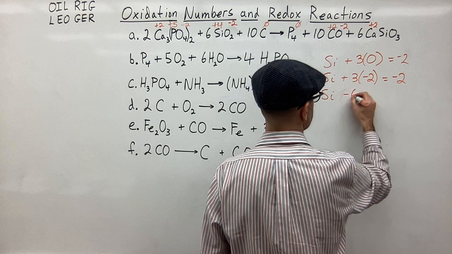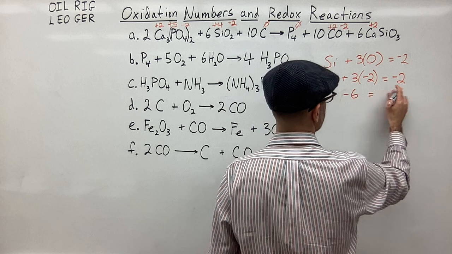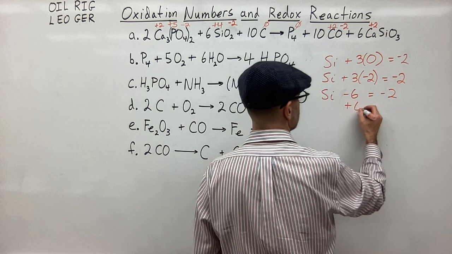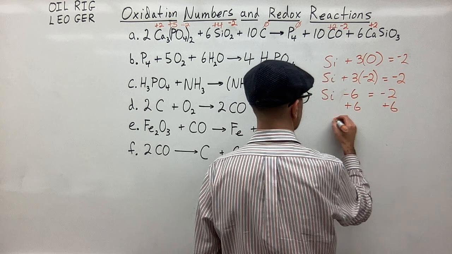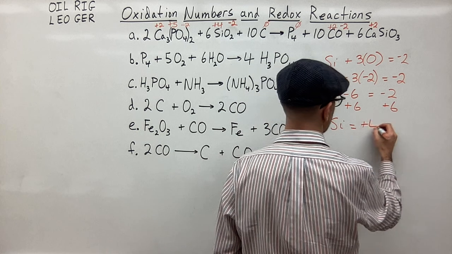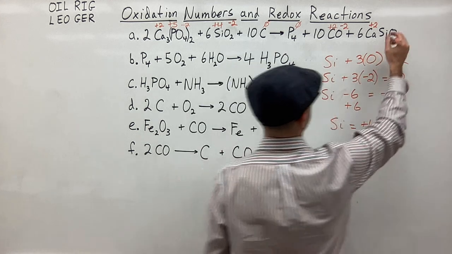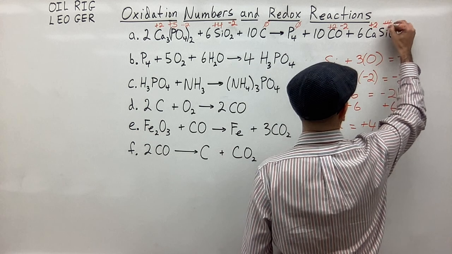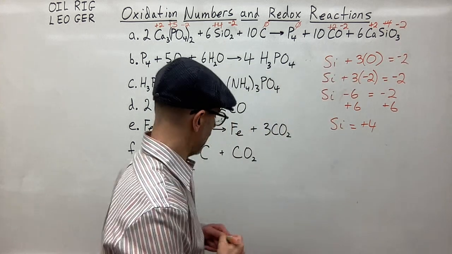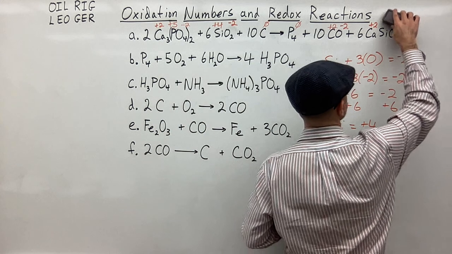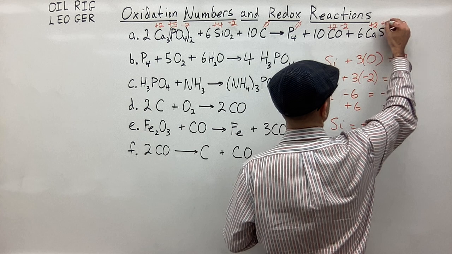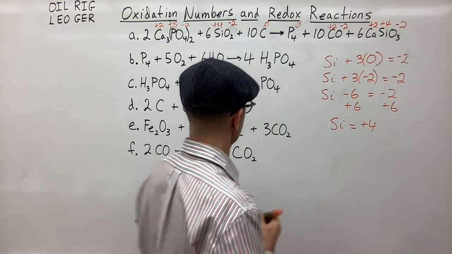So we'll say -6 equals -2. And then we're just going to add 6 to both sides. And we get silicon is equal to +4. So we're going to put a +4 for the silicon and -2 for the oxygen. Let me write that better so it looks clearer. So that's going to be a +4.